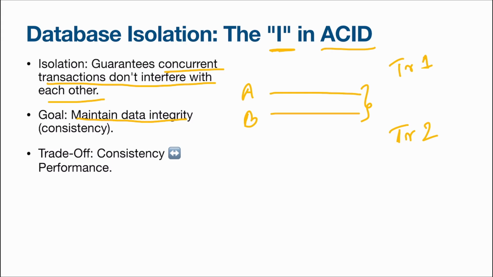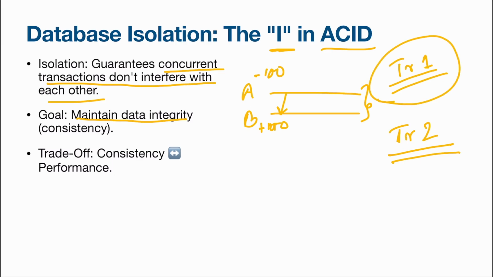Let's say we transfer $100 from account A to account B. So from A it will be -100 and at B it will be +100 after the transaction is done. So by isolation we are saying that transaction 2 does not interfere with transaction 1. By that I mean transaction 2 does not see the data or write the data to A or B while transaction 1 is still ongoing, so that it does not read or write any dirty value.